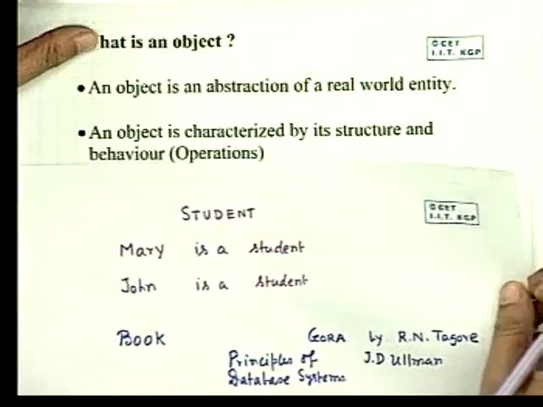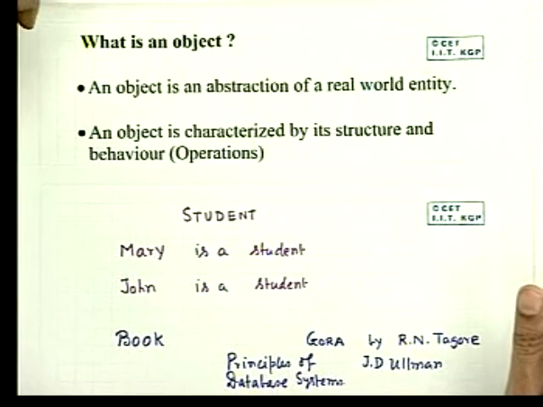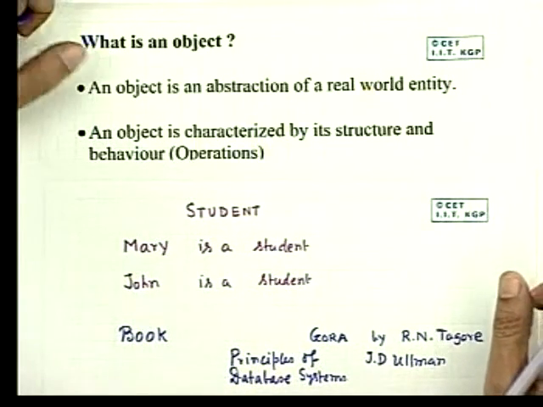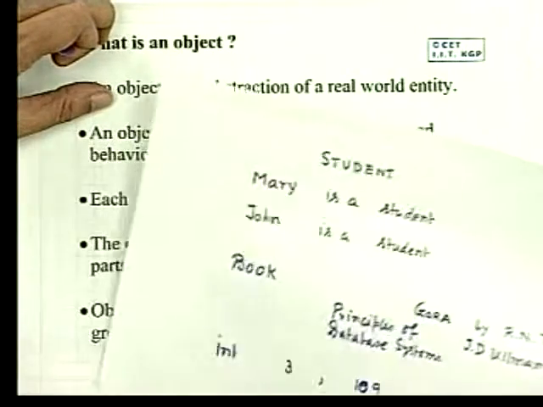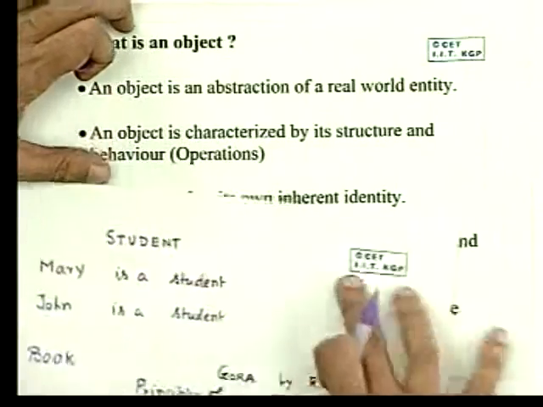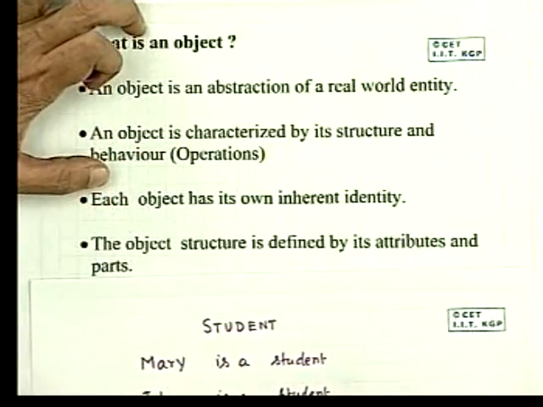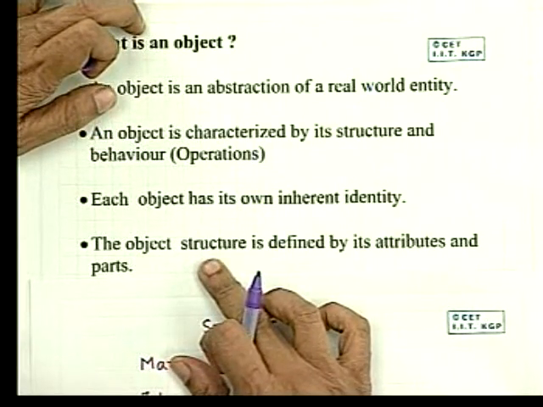And naturally, how do you characterize such an object? An object will be characterized by structure and behavior. In the structure, each object has its own inherent identity, and the second is that each object's structure is defined by its attributes and parts.